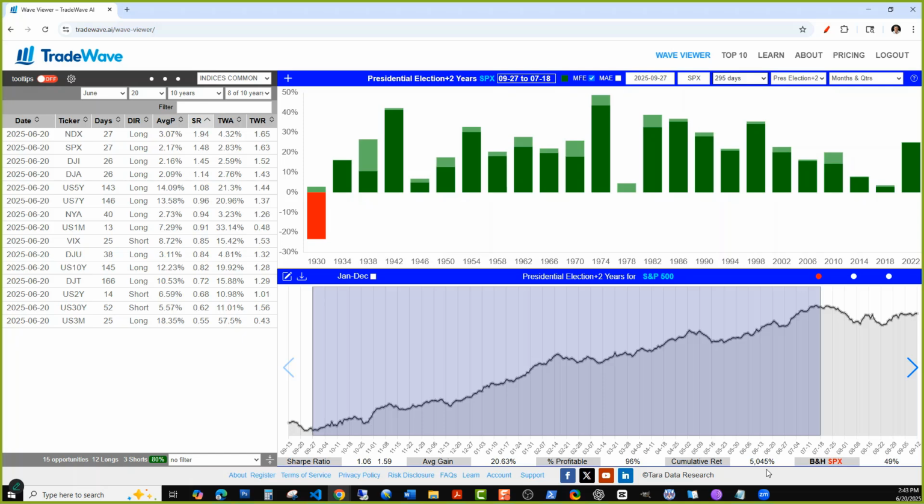Now, I haven't crunched these numbers yet, but 295 days of 4 years is a little over 20%. 20% of the days are responsible for over 50% of the gains of S&P 500 since 1930.